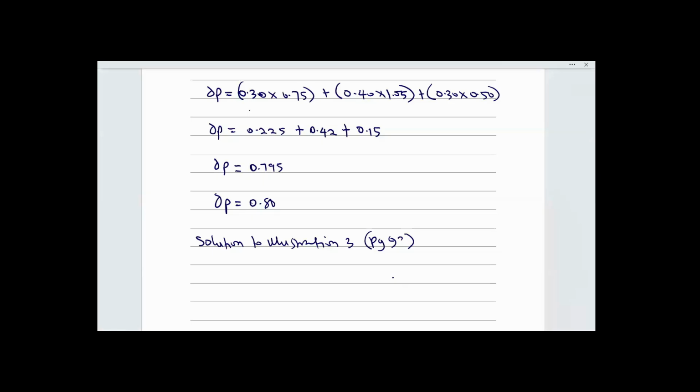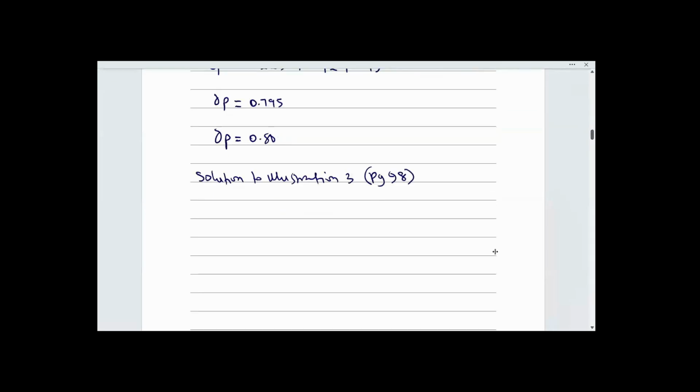So the next thing we are going to do, the examiner is asking us to calculate present value for each company. Okay, so how do we do this?